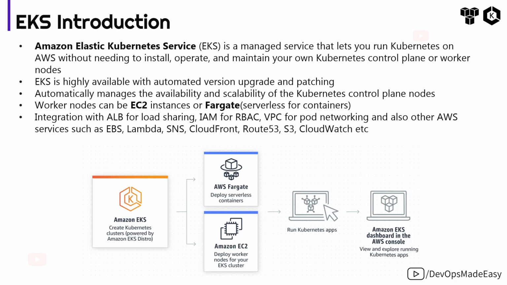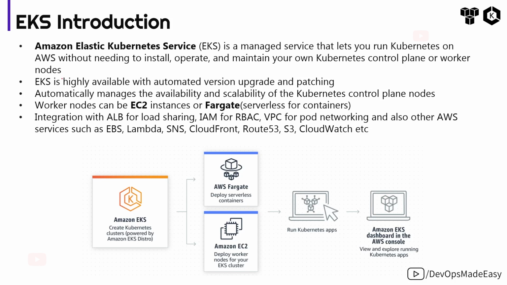And as we already saw, managed Kubernetes services have integration with their own cloud services. In case of AWS EKS, it has deep integration with ALB for load balancing, IAM for RBAC, VPC for pod networking, and also other services such as EBS, EFS, Lambda, SNS, CloudFront, Route 53, S3, etc. And this is how the architecture looks like.